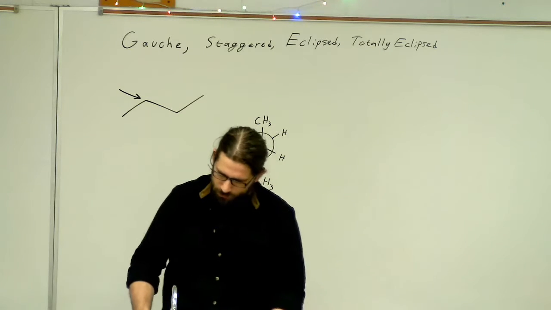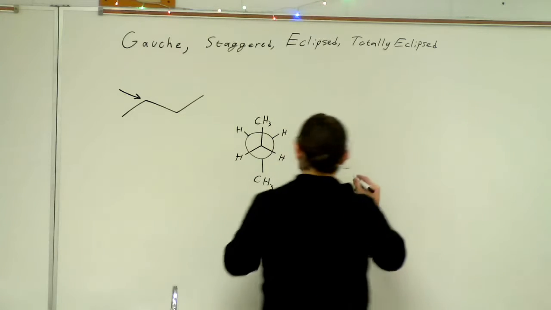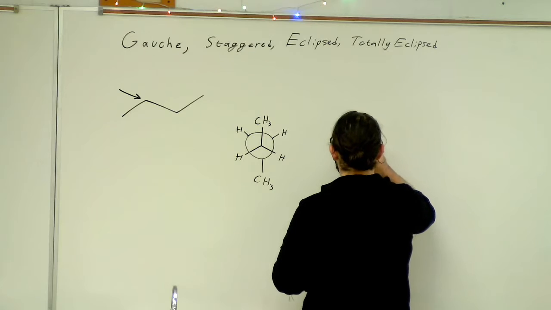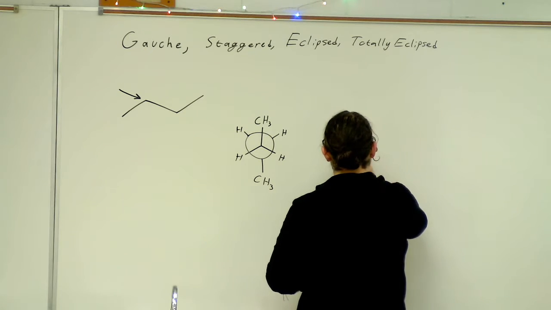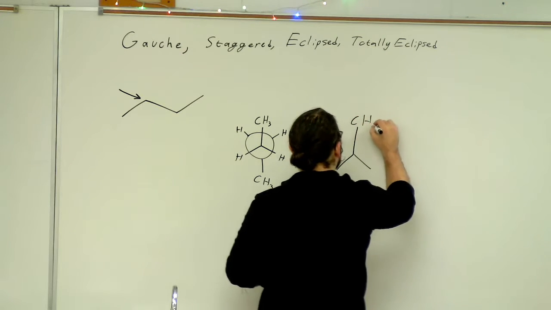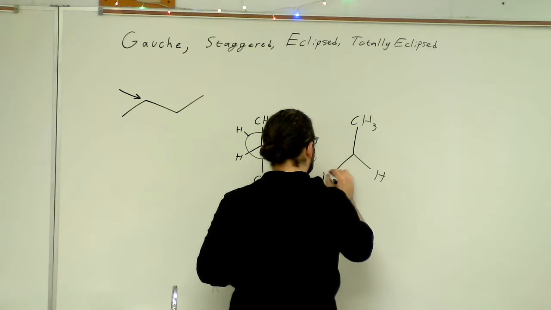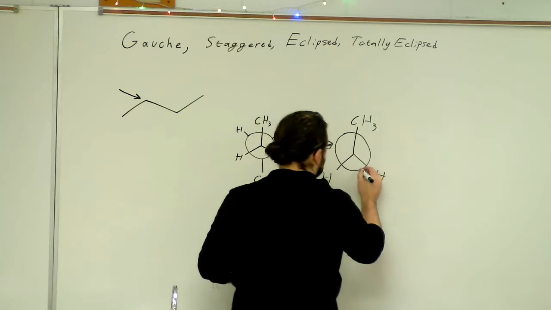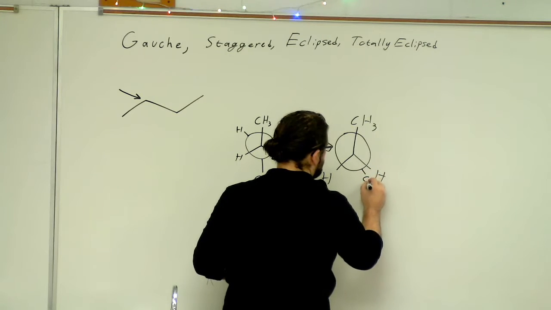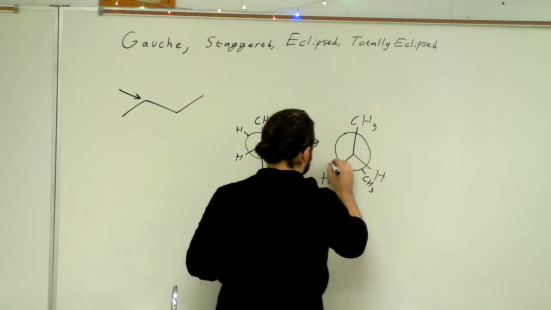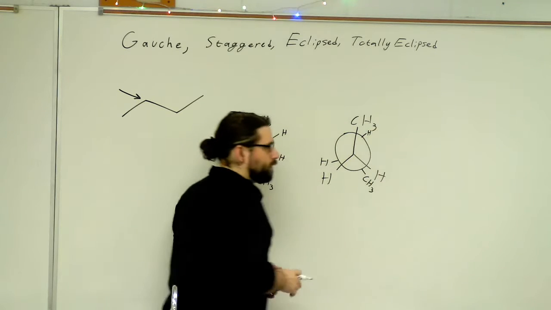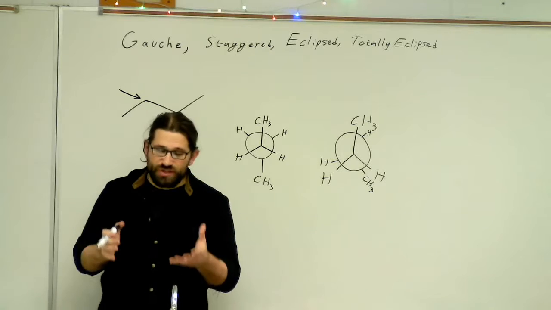Okay? So let's draw that. So again, I'm going to keep my top the same, my front carbon the same each time. Now I've got an eclipse here. Okay? We should see that.